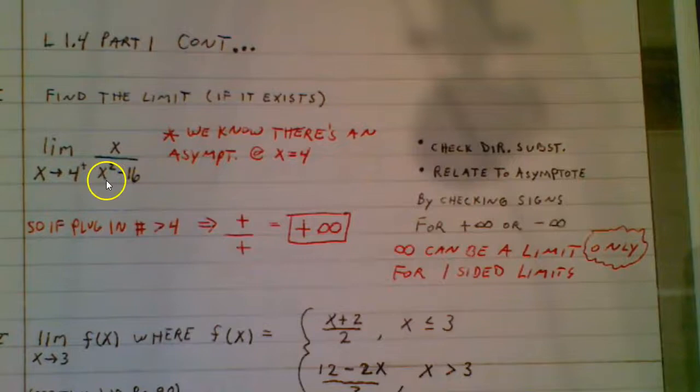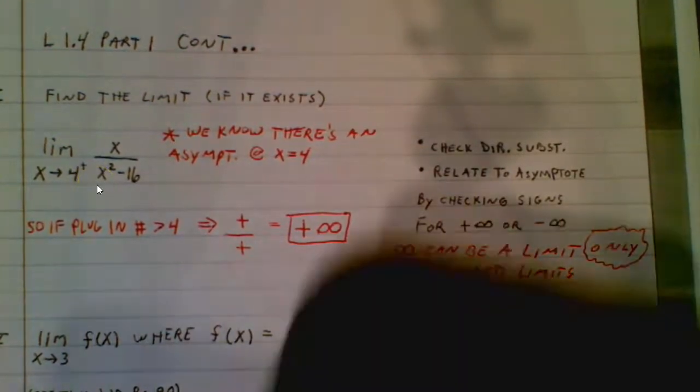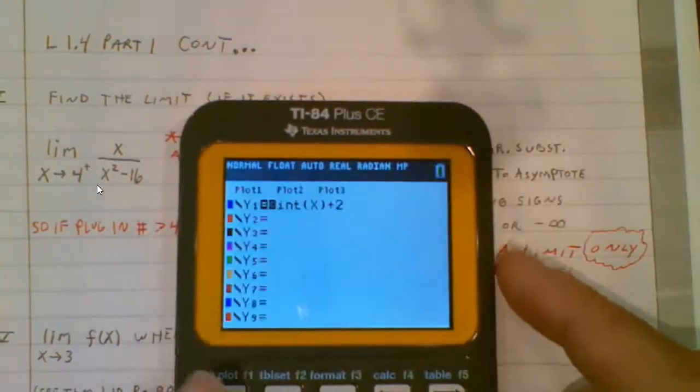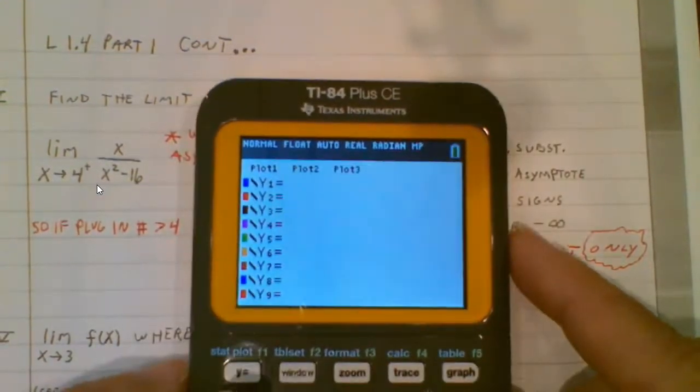So as we look at this guy, if we said, what is the limit as x approaches 4 from the right? Again, we're just trying to figure out, is our graph approaching positive infinity or is it approaching negative infinity? So let me show you this one as the graph first. So hopefully that will make a little more sense.